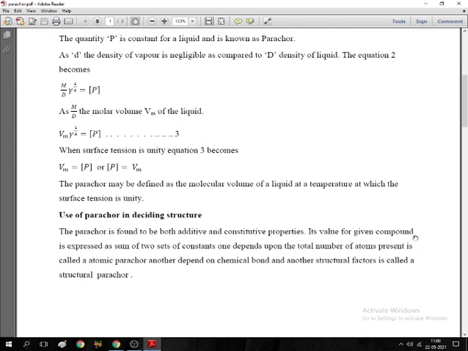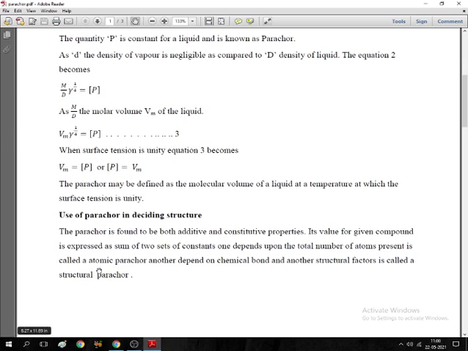Its value for a given compound is expressed as a sum of two sets of constants. म्हणजे Parachor जर काढायचं असेल एखाद्या सबस्टन्सचा तर दोन गोष्टीची बेरीज करून काढलेला असतं. एक, one depends upon the total number of atoms present, is called the atomic Parachor. म्हणजे तिथं असलेल्या ॲटम्सच्या पॅराकोरची बेरीज करून काढलं जातं. आणि दुसरं जे आहे which depends upon chemical bond and another structural factor is called the structural Parachor.